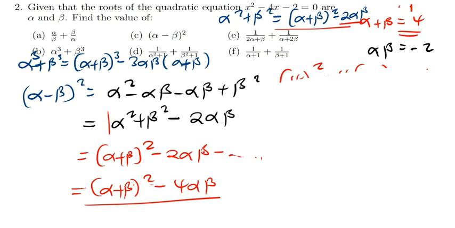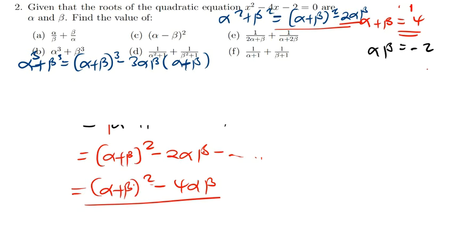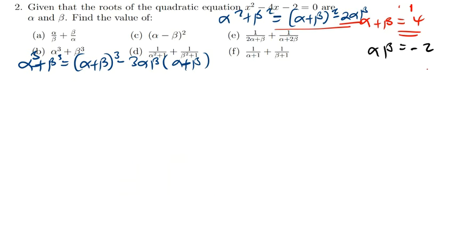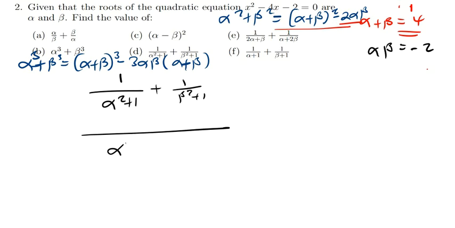Okay, let us go ahead and also do part D. So part D, we have 1 divided by alpha squared plus 1, then plus 1 divided by beta squared plus 1. The common denominator is alpha squared plus 1 times beta squared plus 1.